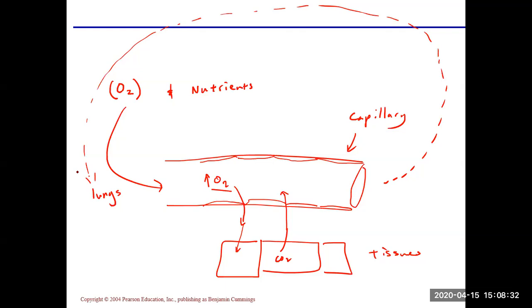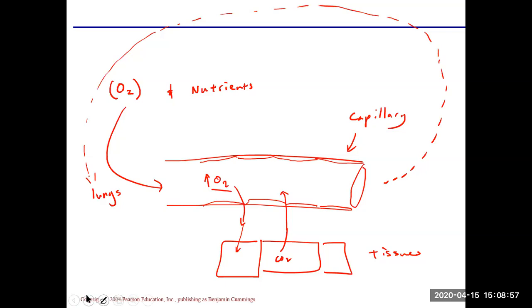Along the way, obviously, they're going to have to stop by the heart, so the heart can pump the oxygenated blood to the tissues, which we will discuss a little bit later.